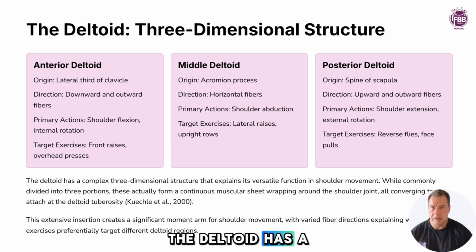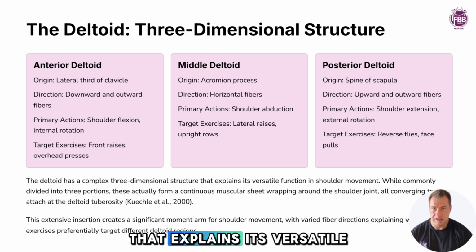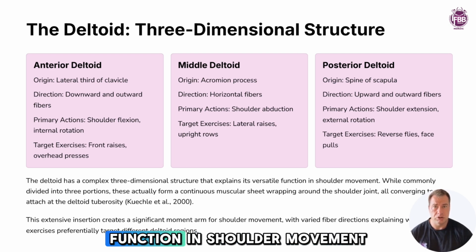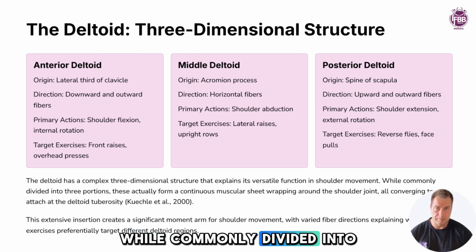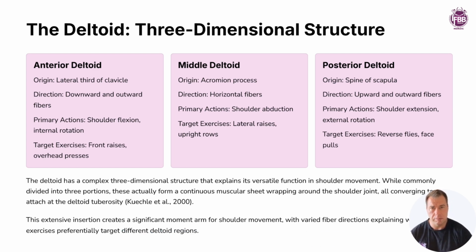The deltoid has a complex three-dimensional structure that explains its versatile function in shoulder movement. While commonly divided into three portions, anterior, middle, and posterior, these actually form a continuous muscular sheath wrapping around the shoulder joint.